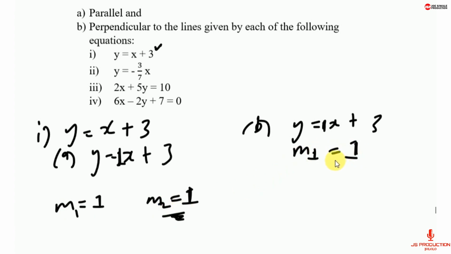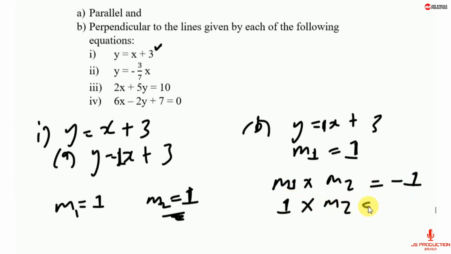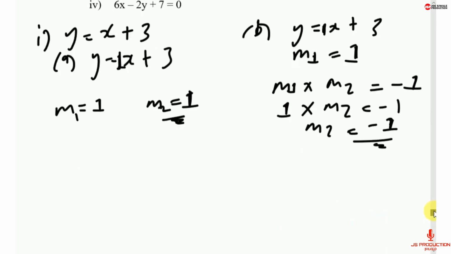To calculate the gradient of a perpendicular line, m1 multiplied by m2 must be equal to -1. So 1 multiplied by m2 is equal to -1, so m2 will be equal to -1. That will be the gradient of a perpendicular line.